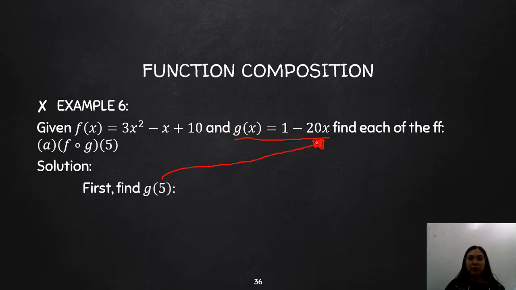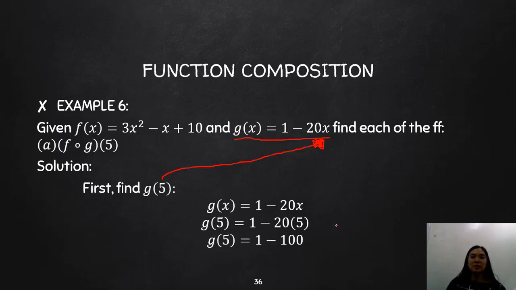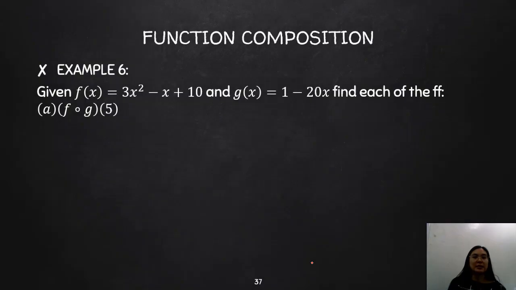So we have 1 minus 20 multiplied by 5, or g of 5 equals 1 minus 100, or g of 5 is negative 99. Ngayon, meron ka nang g of 5. Itong value ng g of 5 na nakuha mo, siya naman yung ipa-plug in mo dun sa f of x.